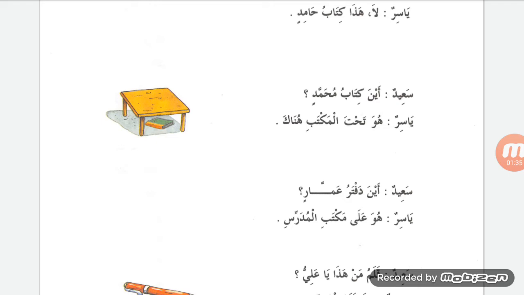So wherever you find a phrase such as this, book of, hat of, generally this is the murakkab idafi, possessive phrase.